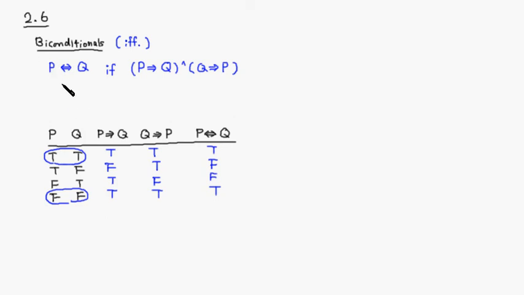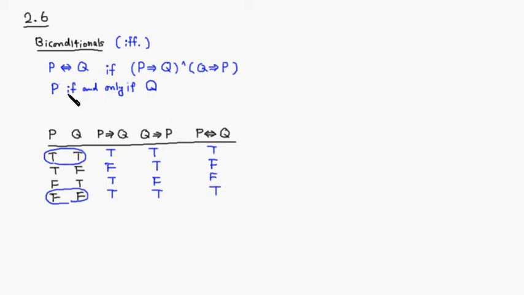So maybe I should explain if and only if first too. This is the equivalent of saying P if and only if Q, right? Sometimes I get confused on which is which.